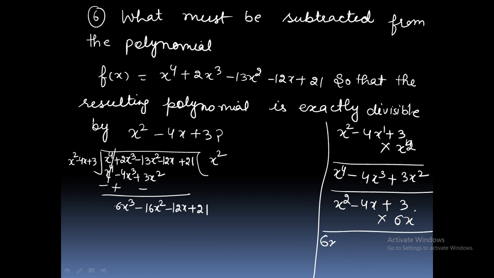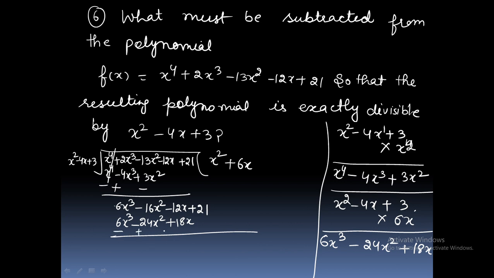We will get 6x raised to power 3 minus 24x raised to power 2 plus 18x. Change the sign. You will get 24 minus 16, 8x square. 12 plus 18, minus 30x plus 21.